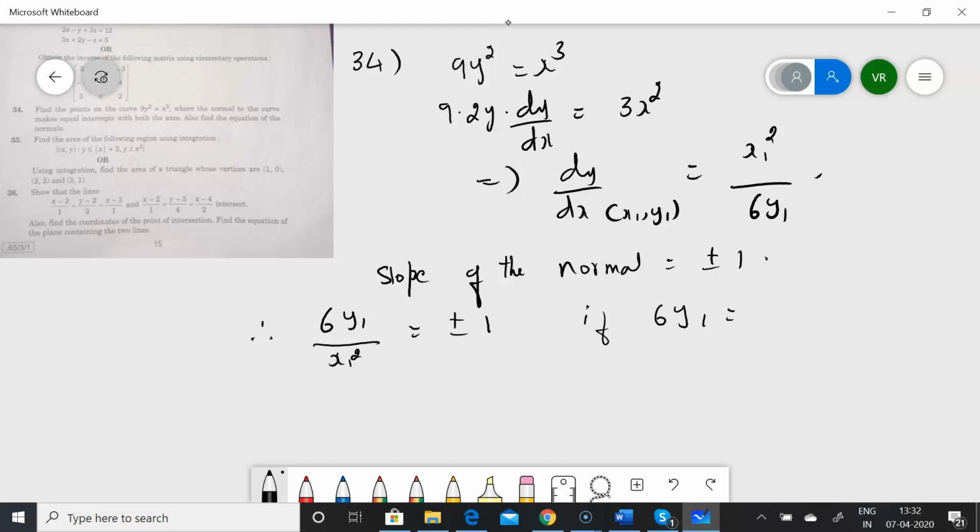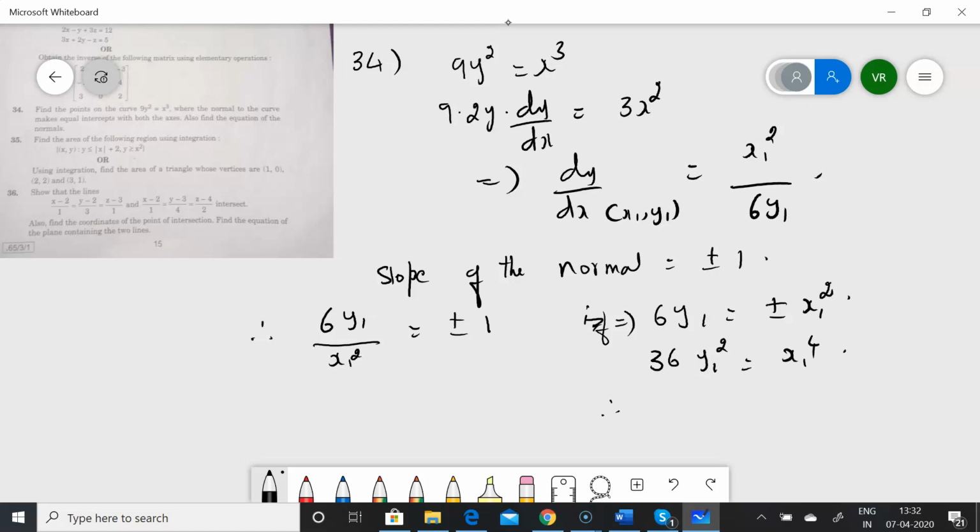This implies 6y1 is equal to plus or minus x1 squared. Squaring on both sides, it gives you 36 y1 squared is equal to x1 to the power of 4.